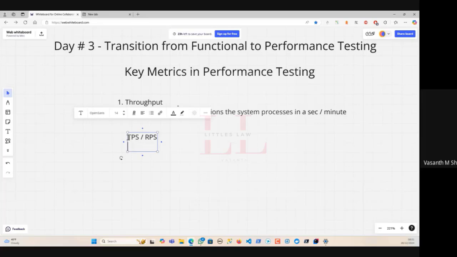So you should see throughput to make sure. Again, response times and throughput are interrelated, because the more quickly your system processes your request, the lesser your response times are. Every metric that we discuss today is going to be interrelated. The more quickly your system processes, the quicker your response times.